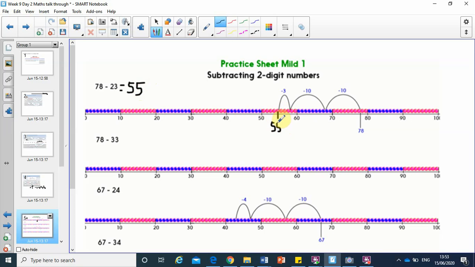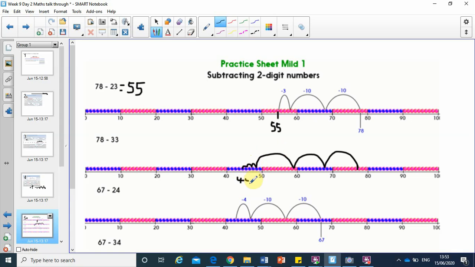Just the same on this one. We start at 78. They'll do a jump of 10 to 68, jump of 10 to 58, jump of 10 to 48, 47, 46, 45.